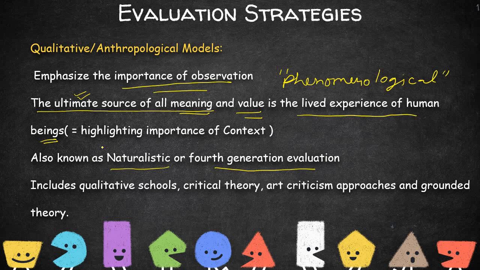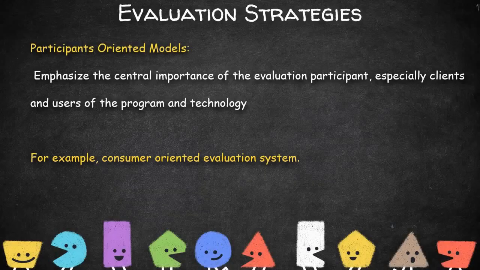That is why this becomes important. All kinds of qualitative schools, critical theory, art criticism approaches, and grounded theory are models wherein this kind of evaluation strategy can be used, especially in the context of social research.